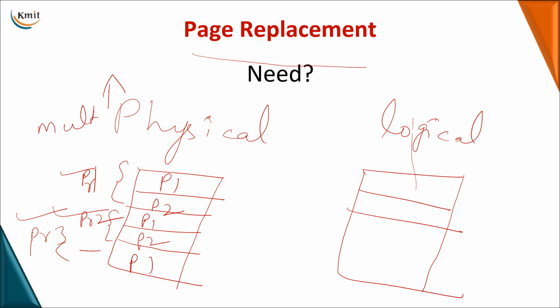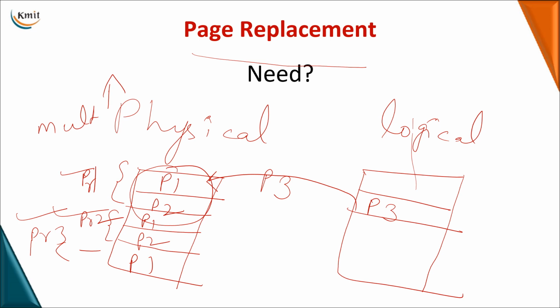Now, when you are executing process P1 and P1 wants a next page which is P3, and this P3 is present in logical memory, you want this particular page to be brought into your physical memory. But when you see this physical memory, all the locations are filled.